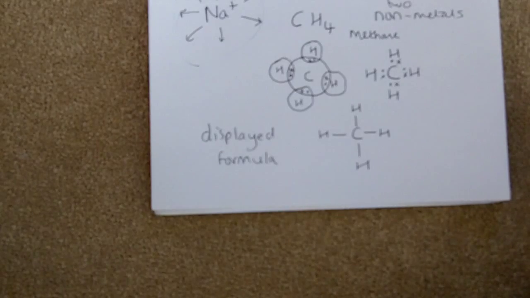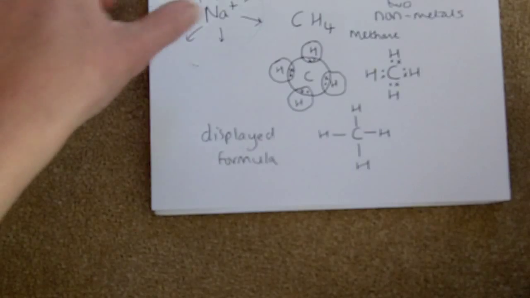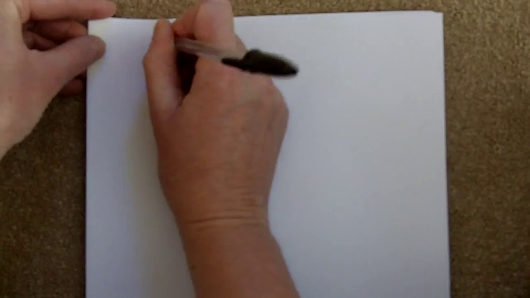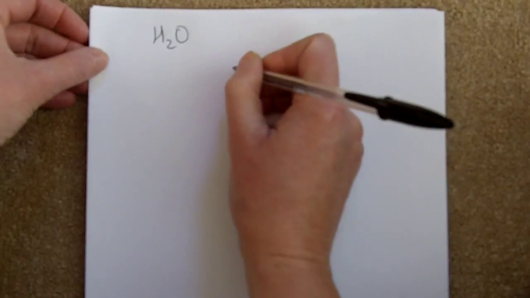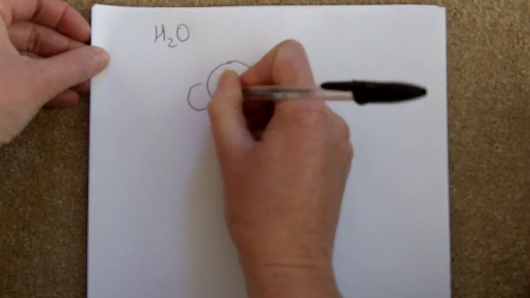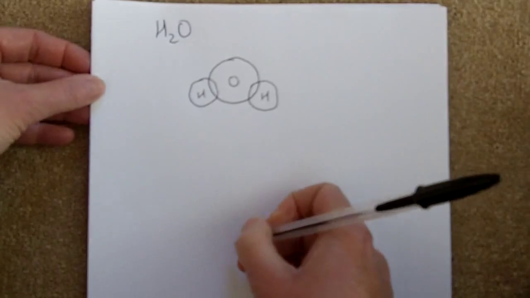Okay, let's try another example. This is a simple example. Let's go a bit harder. So if we take something like water, and you draw the dot and cross diagram for water. Okay, so again, we know it's an oxygen, and there are 2 hydrogens overlapping.